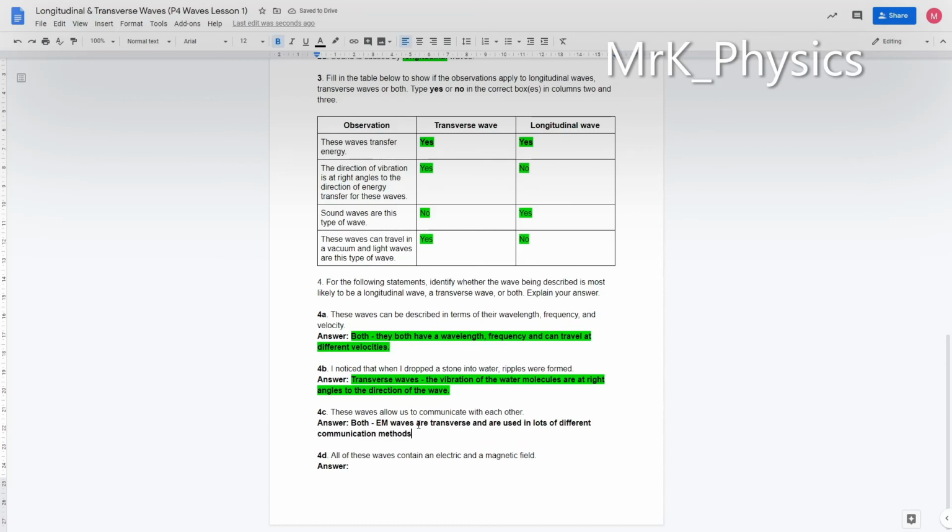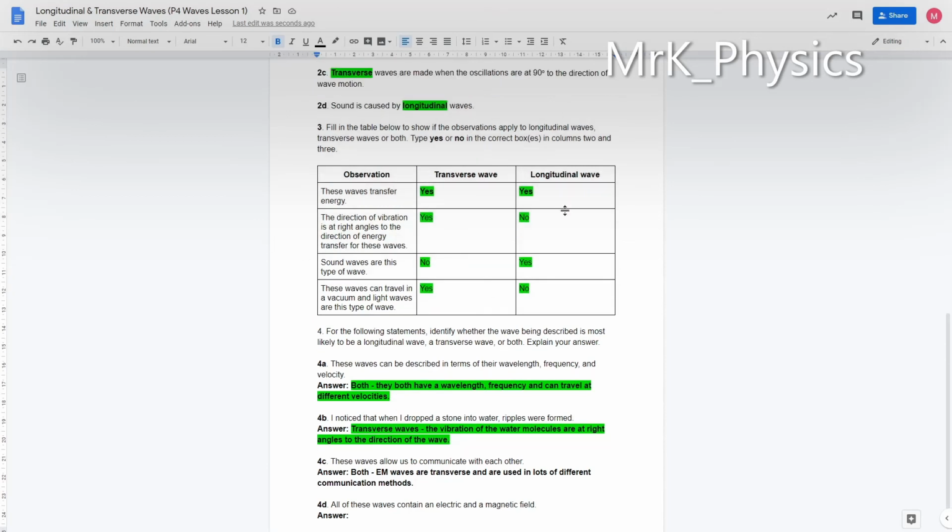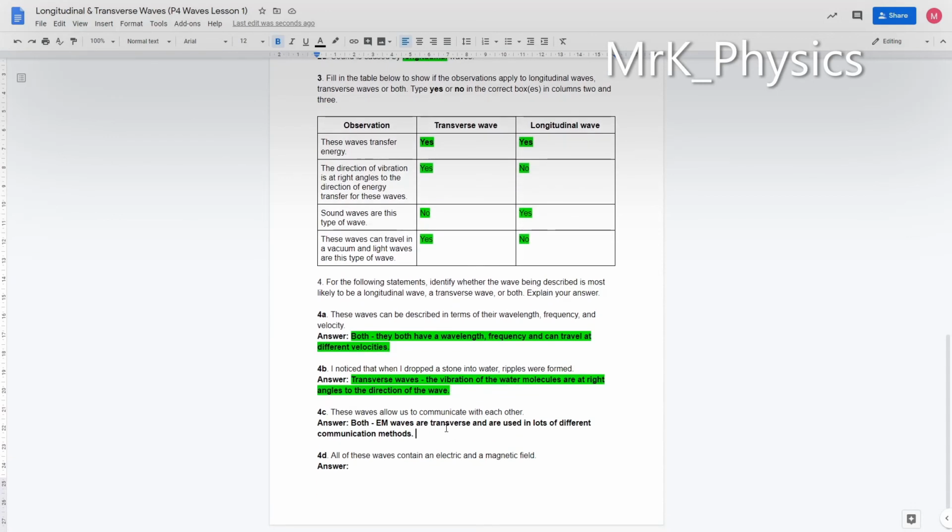By EM waves, that would include light, so signaling with light would be using transverse waves, or using Wi-Fi with microwaves, that would be transverse waves as well, and so on. But also, one of the methods that I'm using right now is talking, and that's essentially a longitudinal wave, because sound waves are this type of wave. So you can just add in here that sound waves are longitudinal.